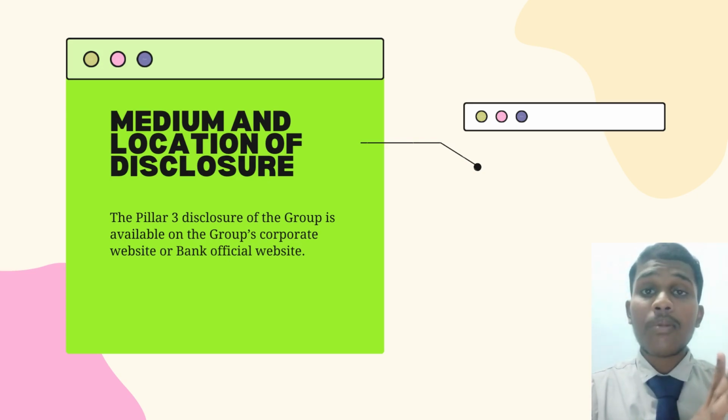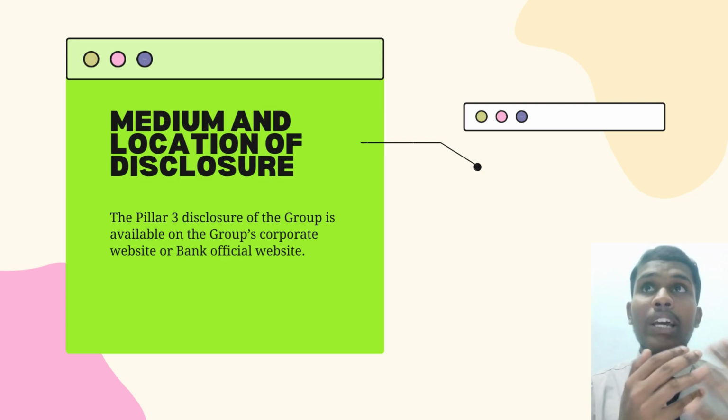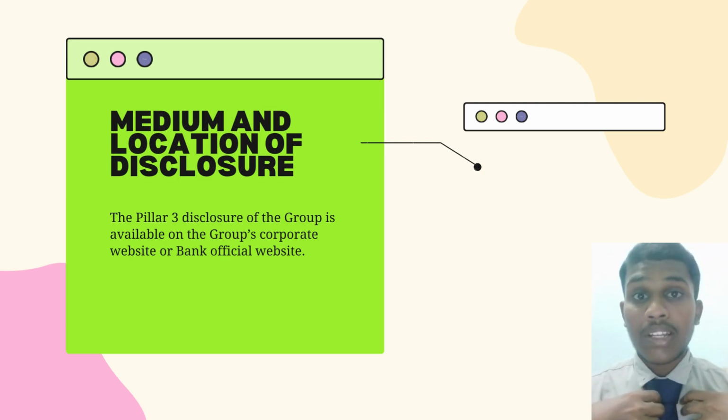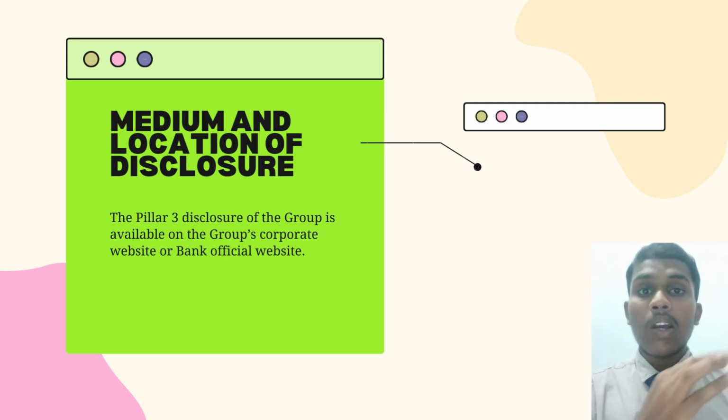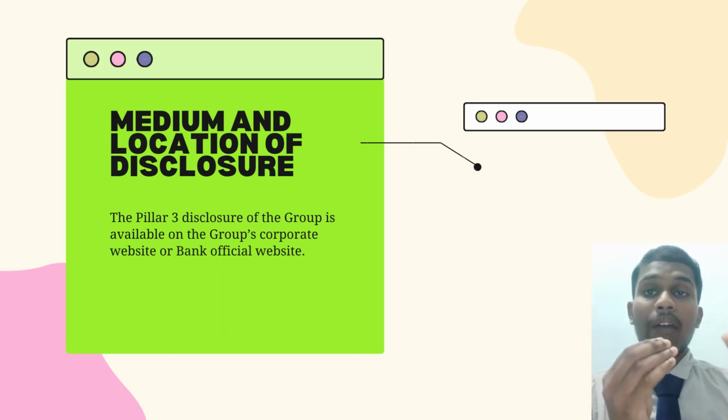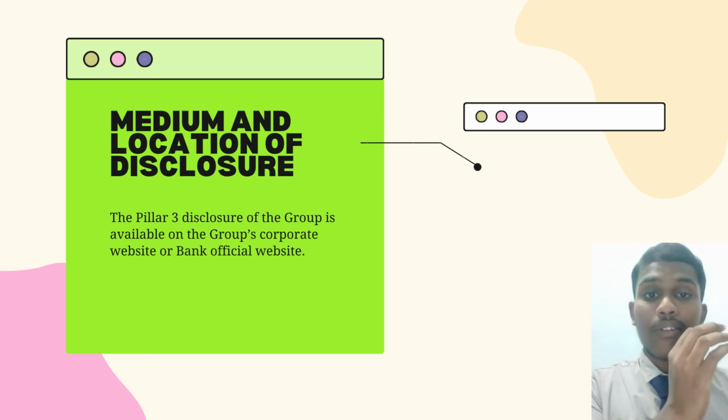Every bank's official website already has a section for the Pillar 3 disclosure. There will be PDFs, and we also did research. So on the website, they are already in PDF format, and we can see all the capital ratios and the risk information in the disclosure.